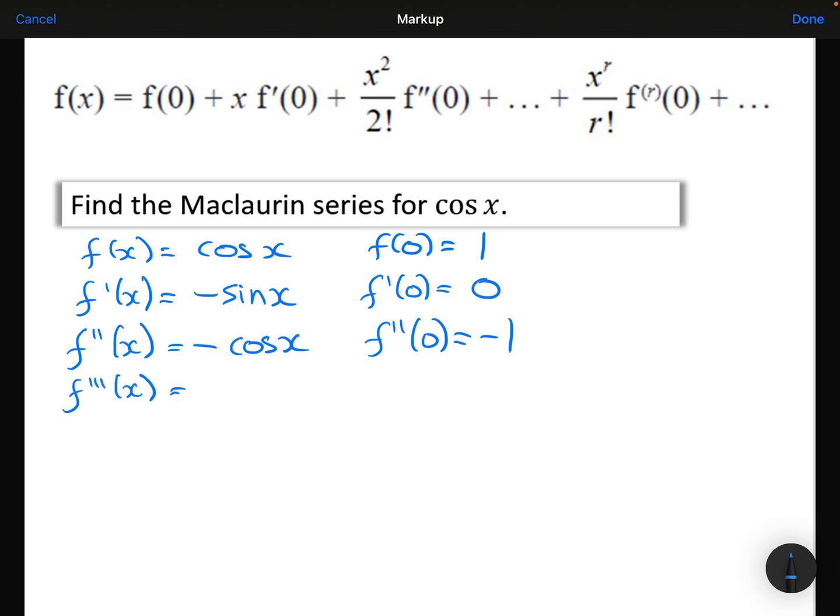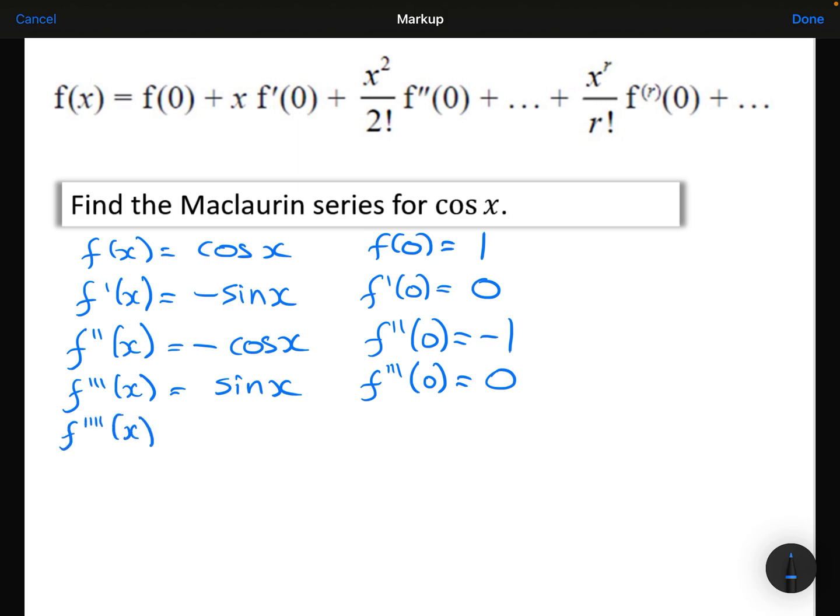Differentiating for the third time, cos differentiates to be minus sine, so minus cos is going to differentiate to be sine. Substituting 0 into that gives 0. And then we'll do one last one.